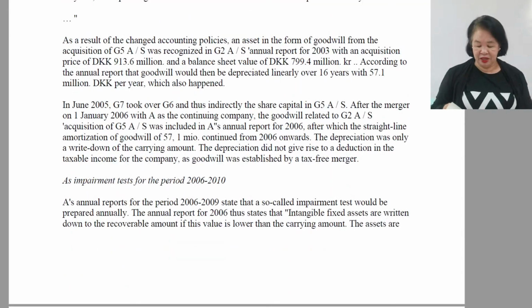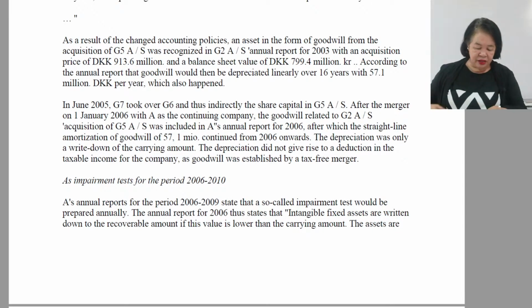Imagine how many million that is for 16 years. So in June 2005, G7 took over G6, and thus indirectly the share capital in G5AS.